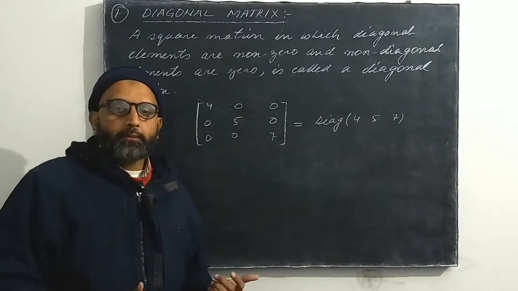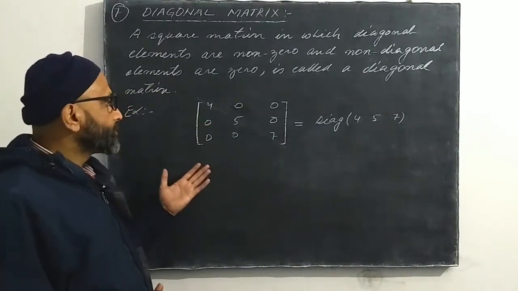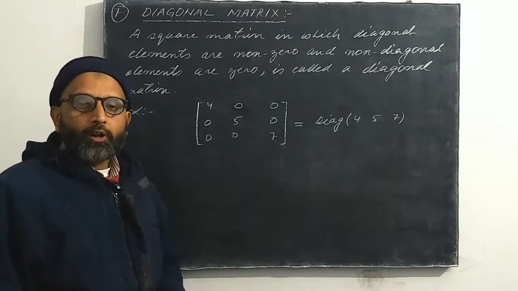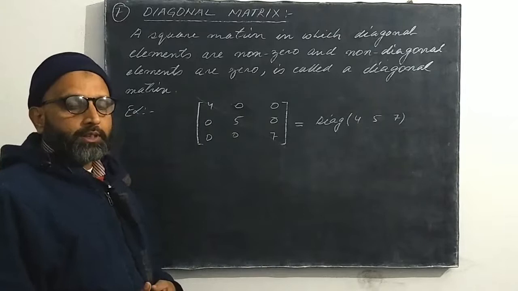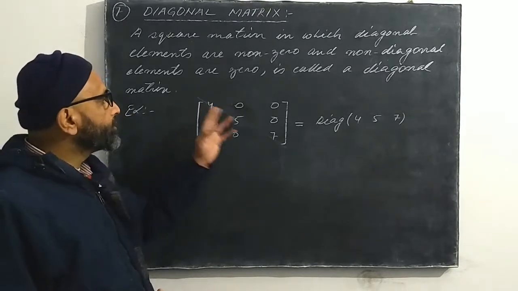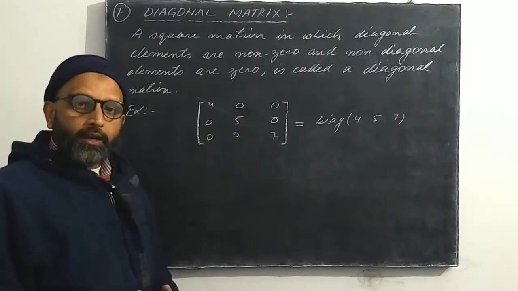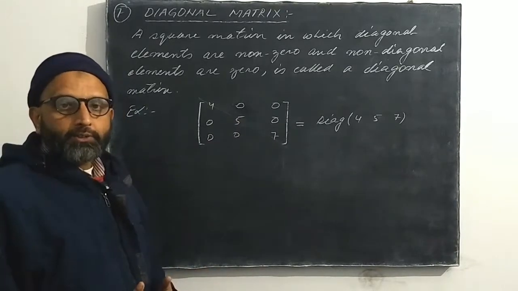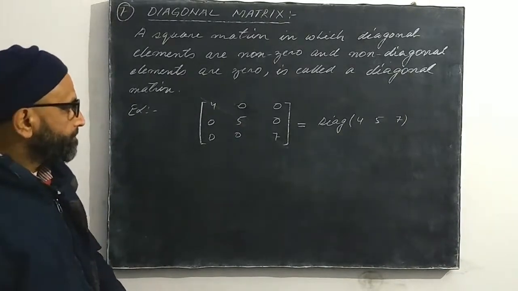If all the diagonal elements are non-zero, with no restriction of equality or of being unity, but only non-zero elements in the diagonal and every non-diagonal element 0, then this is a diagonal matrix.